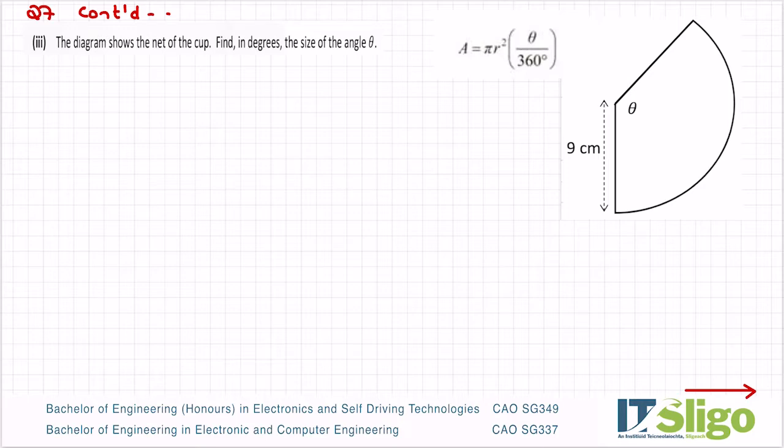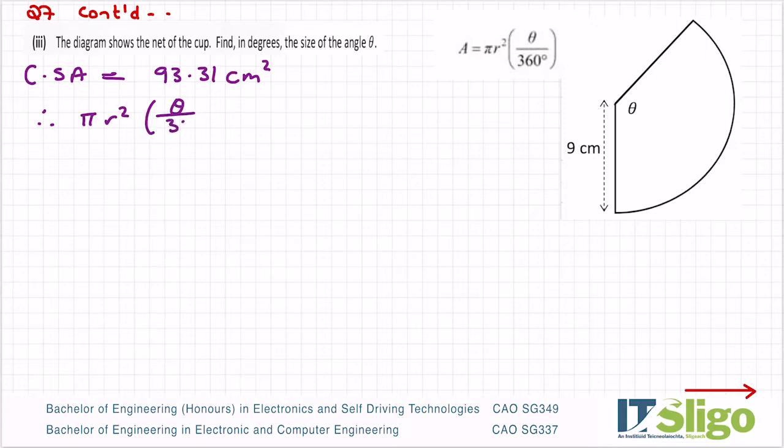Because all that is the cup flattened out. So the curved surface area from the last slide was 93.31 centimeters squared. So therefore, pi r squared theta over 360 for this shape must also equal 93.31.